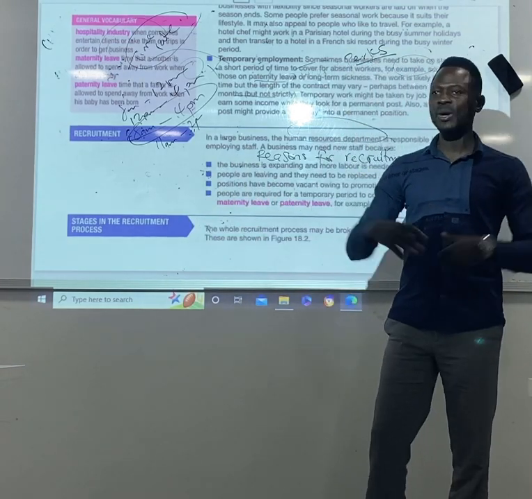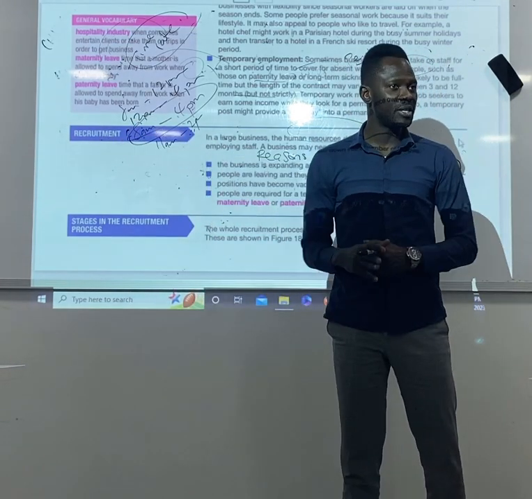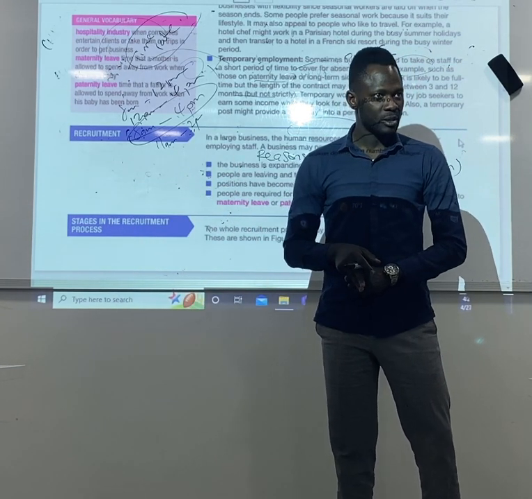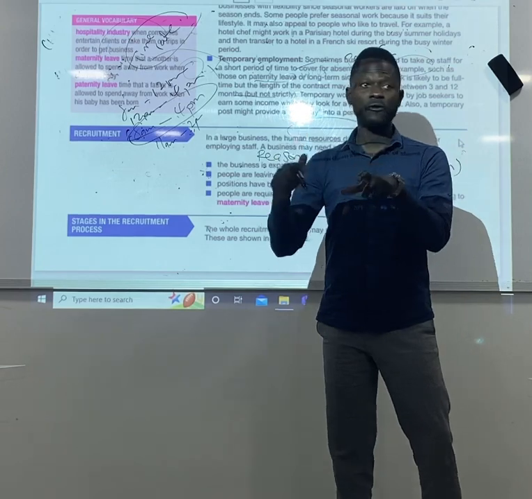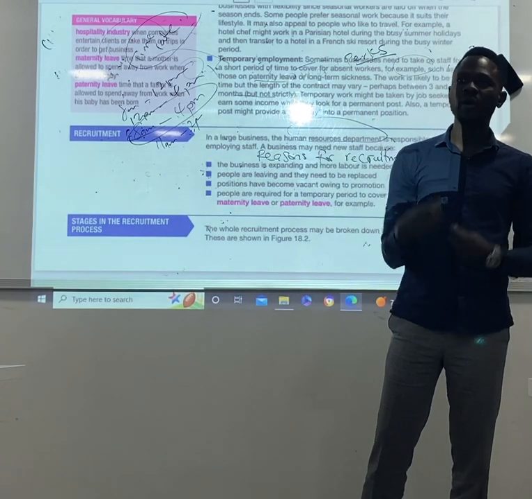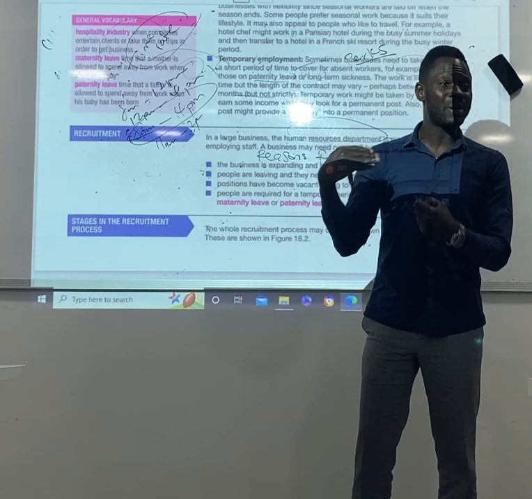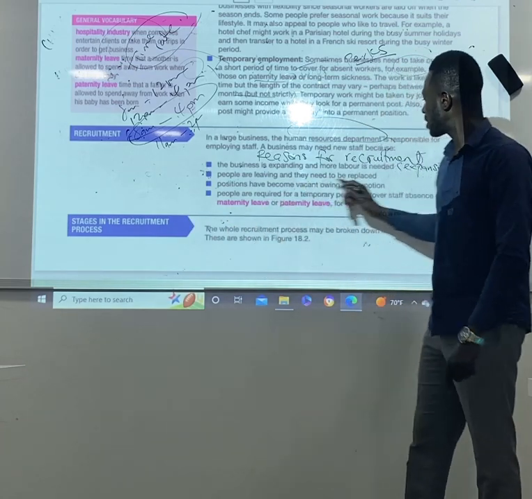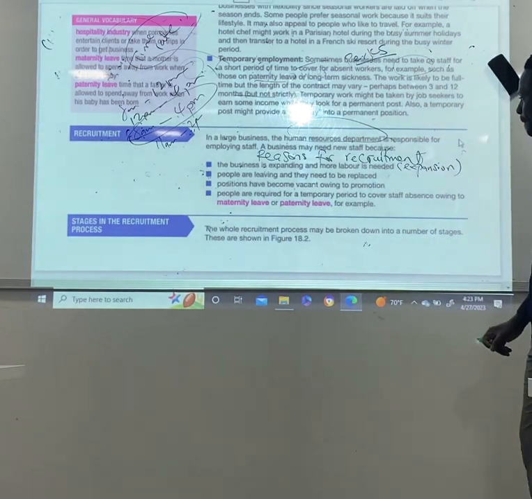Expansion means you are increasing the size of your company. If you are increasing the size of your company, it's necessary for you to employ more workers. So if you are thinking of expanding your business, you should start thinking about employing workers. One of the reasons why businesses might start recruiting workers is because they are expanding. I think the first one is clear. Is it clear?